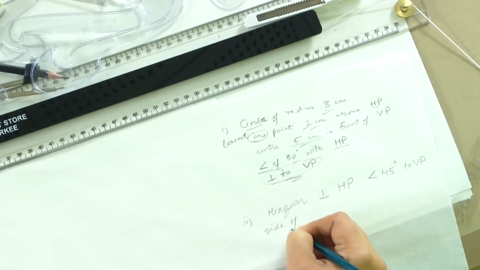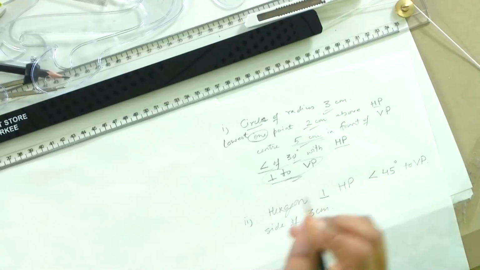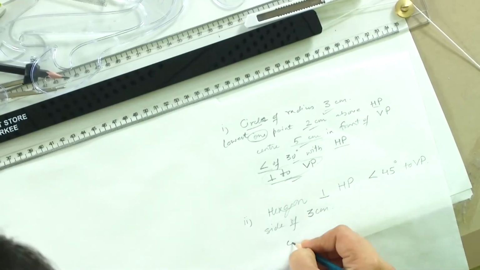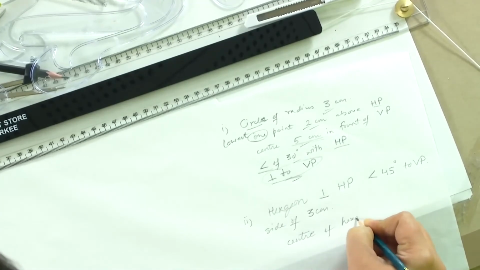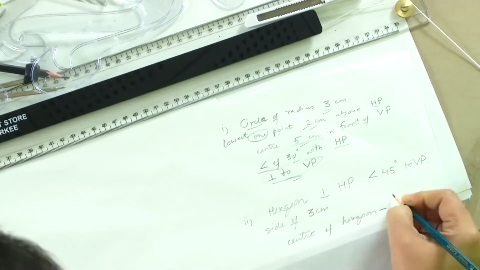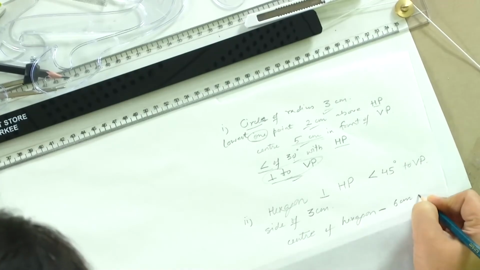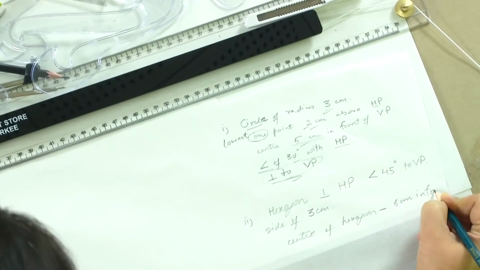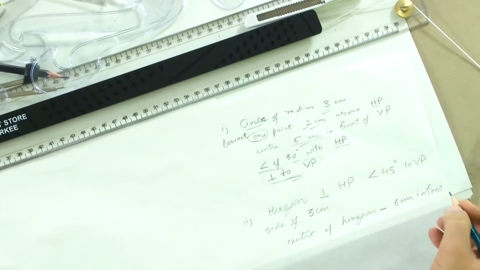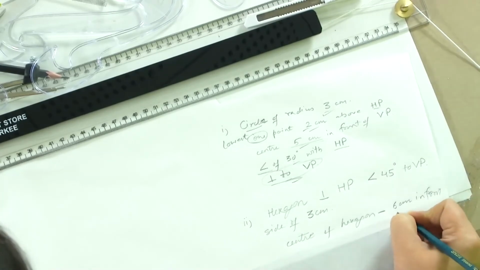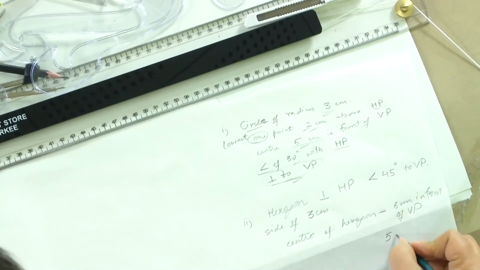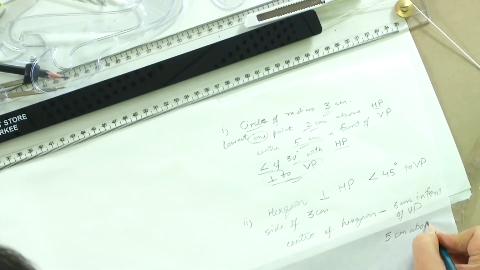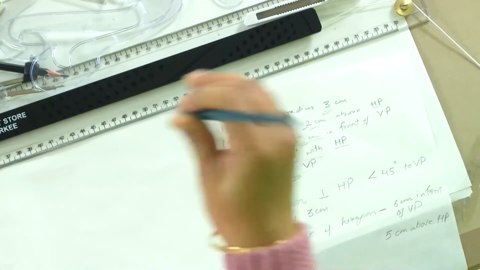Side of this hexagon, let us take as 3 centimeters, and let us define the position of center of this hexagon, which is 6 centimeter in front of VP and 5 centimeter above HP. So now let us start drawing it.